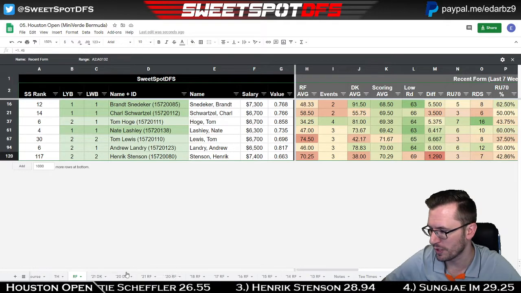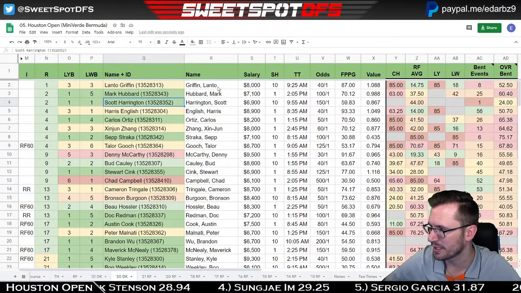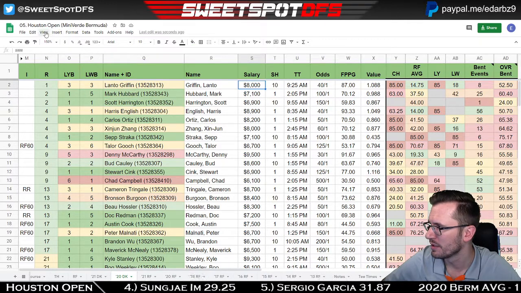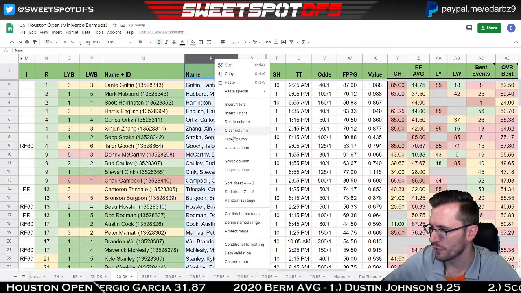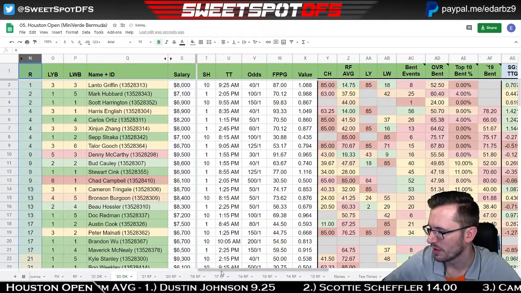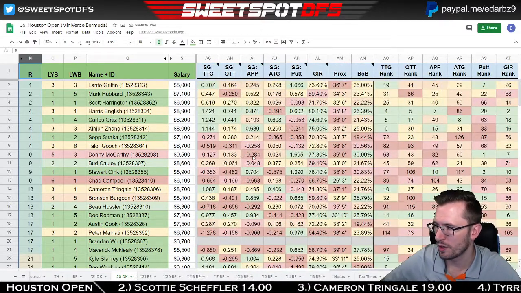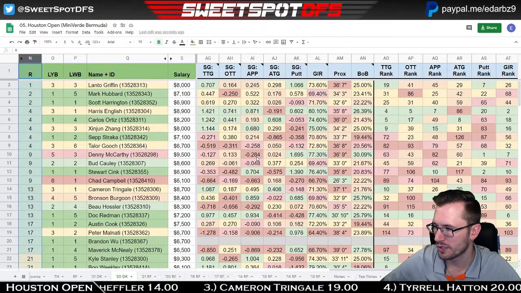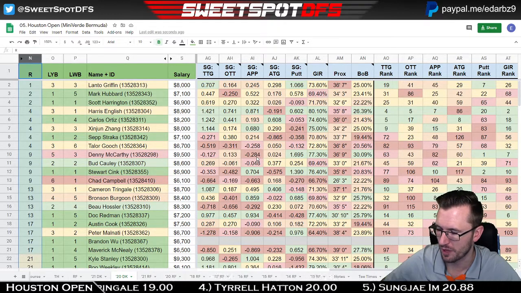And if I were to go to 2020, the 2020 DK page, look at these guys that are up at the top, just to show you what I'm talking about. Looking at the guys up at the top, this tournament was played in the fall last year.